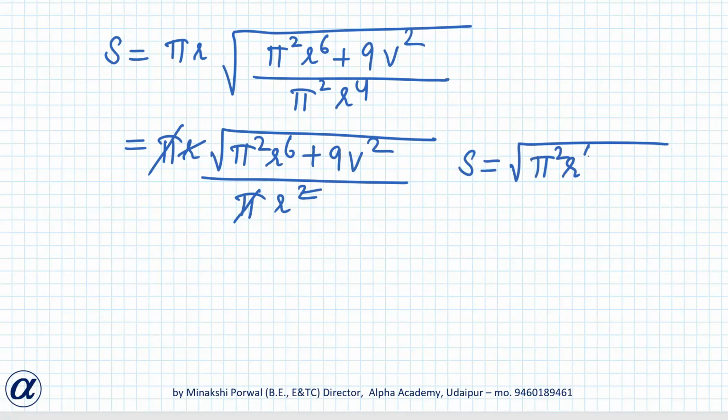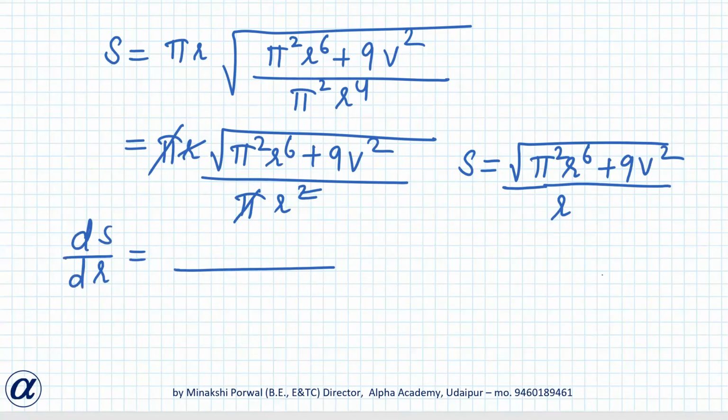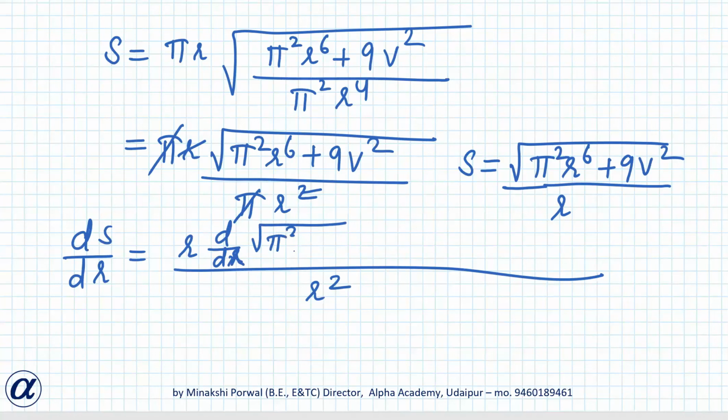Now this is S. We have to minimize it. So we'll first of all differentiate it with respect to r. ds by dr: denominator into d by dr of numerator, minus numerator into d by dr of denominator, that is 1, upon denominator square.